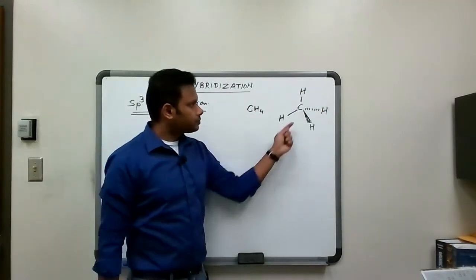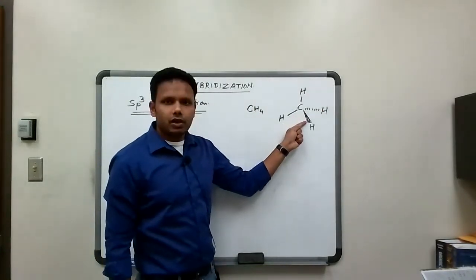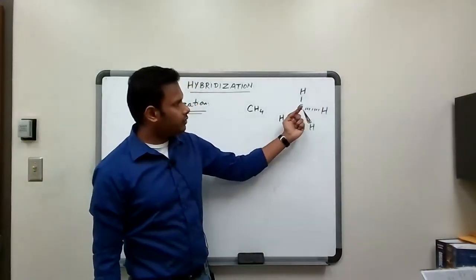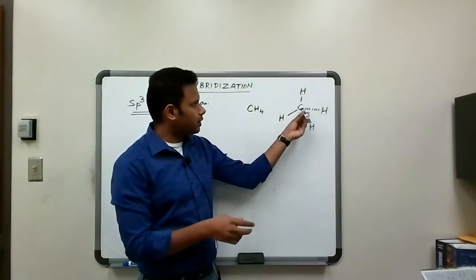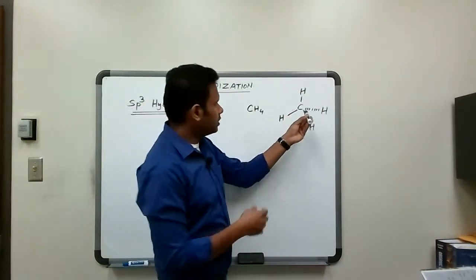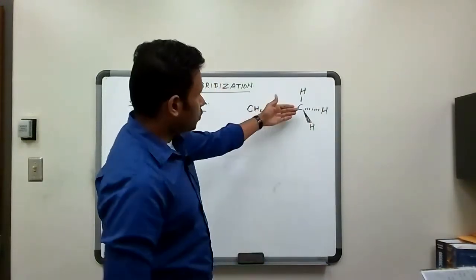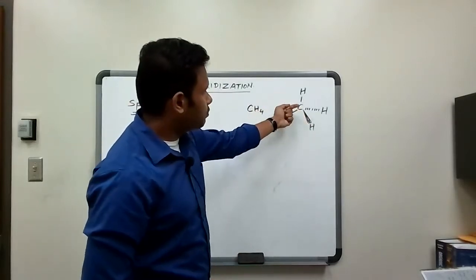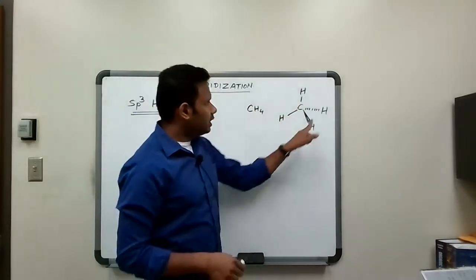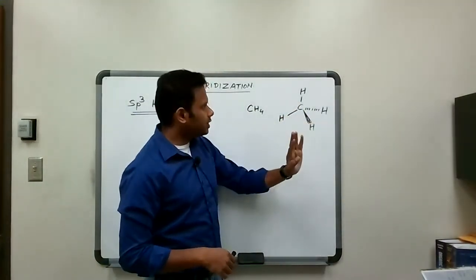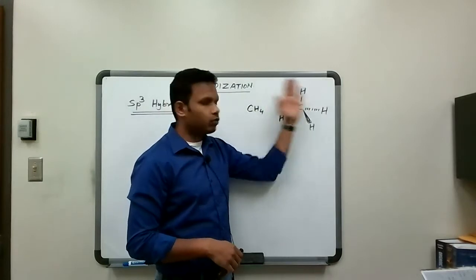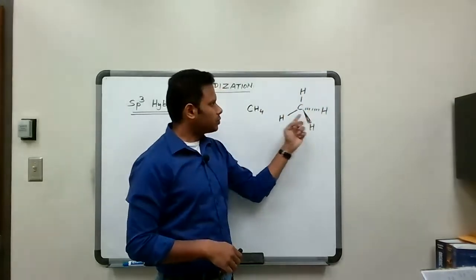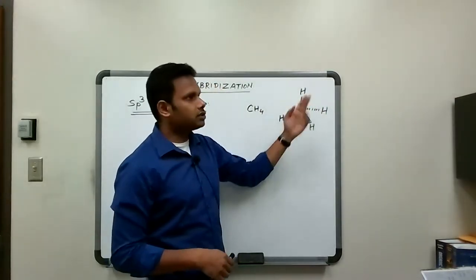The hydrogen on a wedge is coming out of the plane of the whiteboard, pointing out towards us. The dash bond is going behind the plane of the whiteboard. We're treating the whiteboard as a 2D plane, so the wedge comes out and the dash goes in.